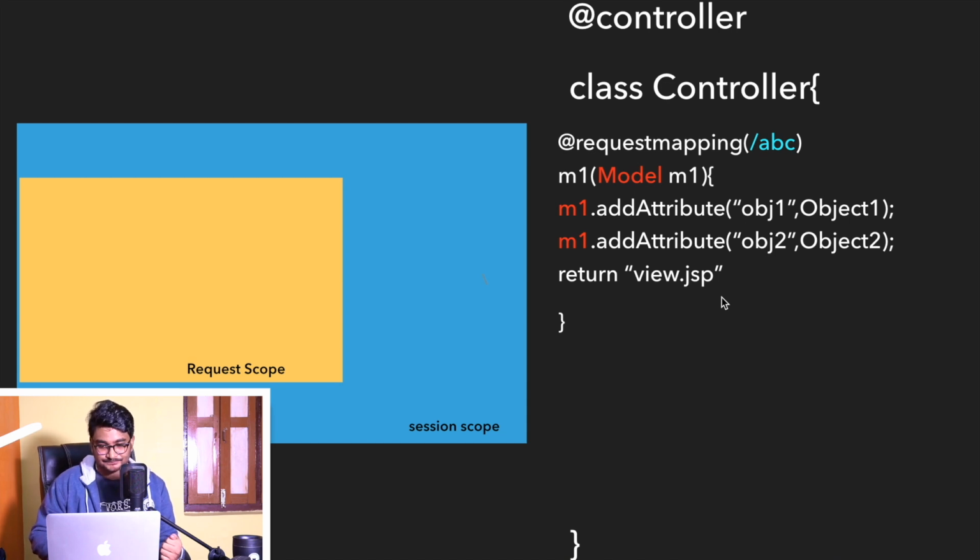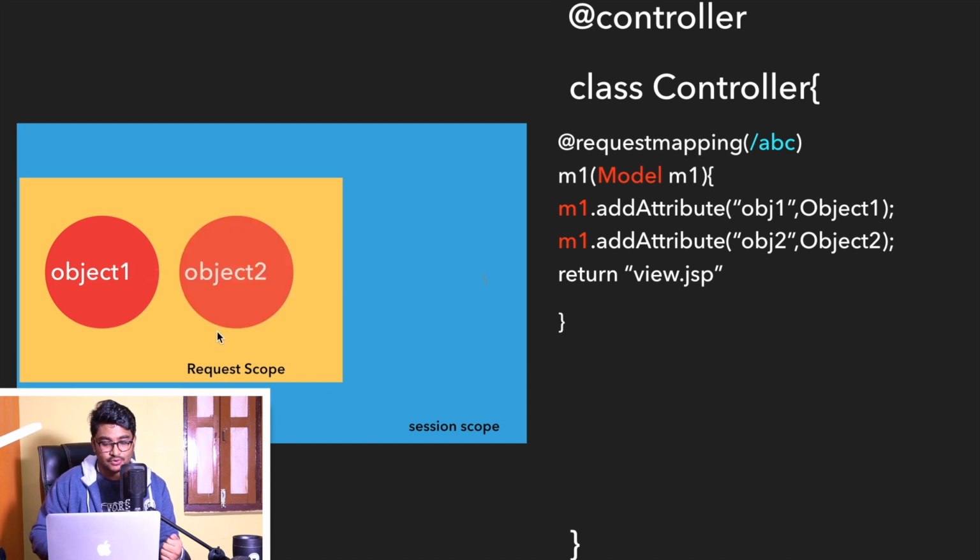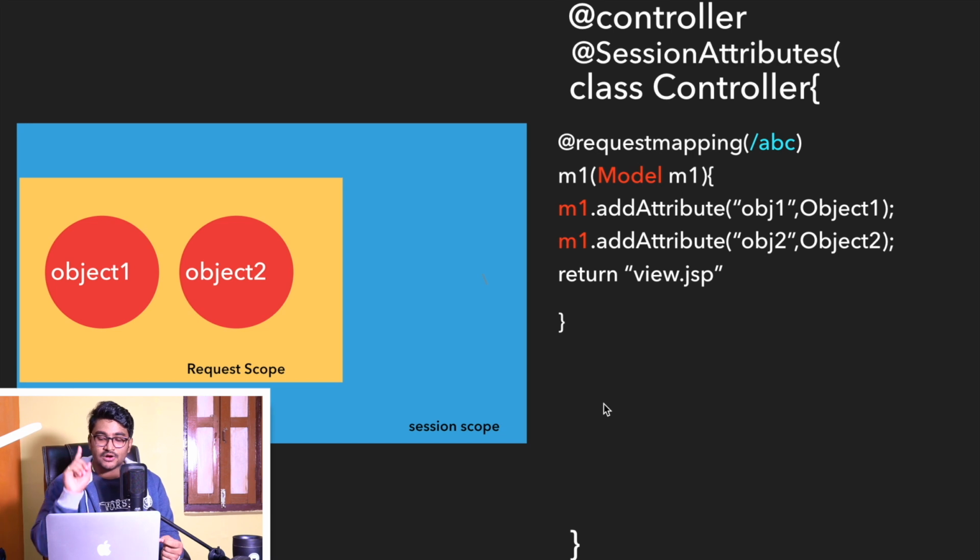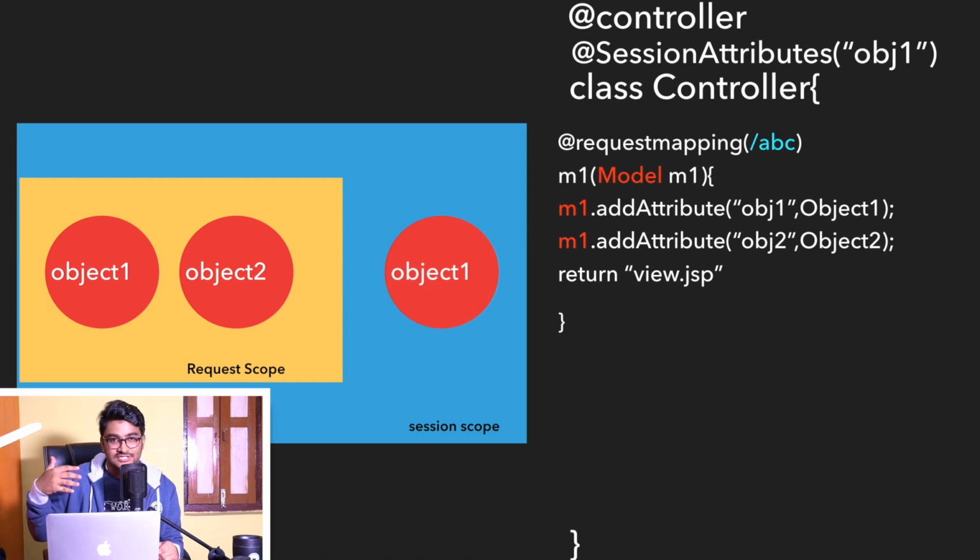So what will happen? Obviously object 1 will be inside the request scope, and object 2 will be inside the request scope. But we also have a @SessionAttributes annotation here, which has obj1 as its parameter. So obj1 points to object 1, and this object 1 will be inside the session scope.